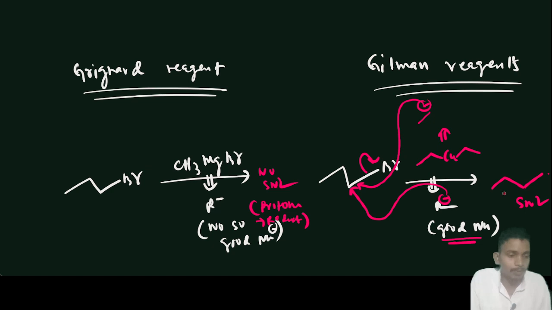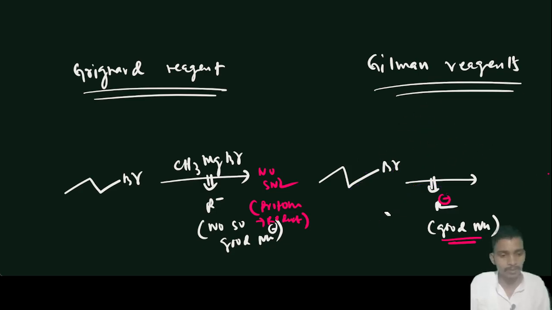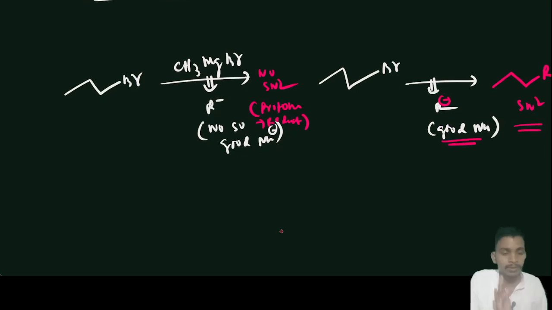So you get this type of group here, which we will discuss later. Just for simplification, you have R2. If we give this, then we get this, and here we have the R group. So this is a good SN2 reaction. Whereas Grignard reagents will not do an SN2 reaction, Gilman reagents will do a good SN2 reaction.